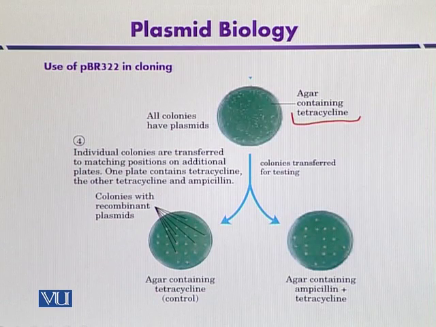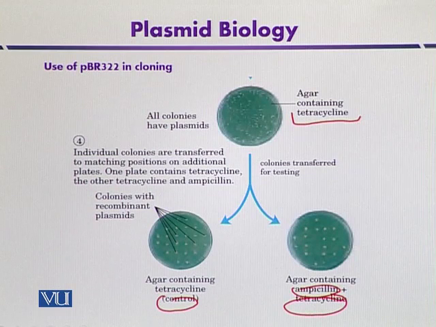Then how will we know that our gene of interest is present? In the subsequent step, the transformants are plated on two media, one that is supplemented with tetracycline that will act as a control, and the other that contains ampicillin as well as tetracycline. So all the cells will grow on tetracycline medium, and on the other hand, on the medium supplemented with ampicillin plus tetracycline, only those transformants that contain the foreign DNA will be sensitive to ampicillin.